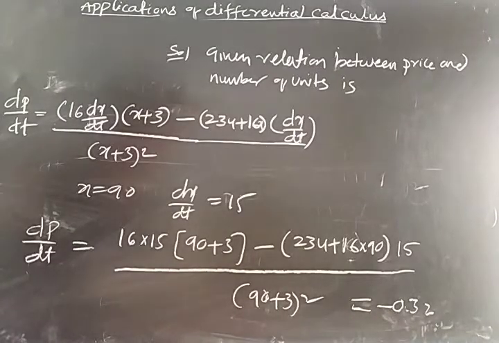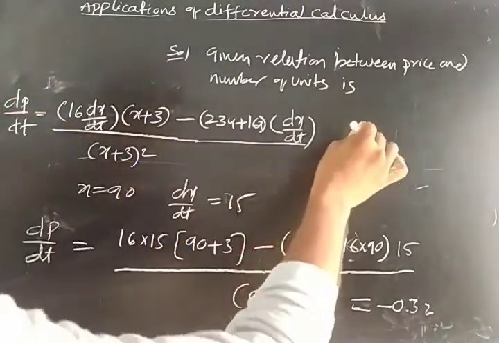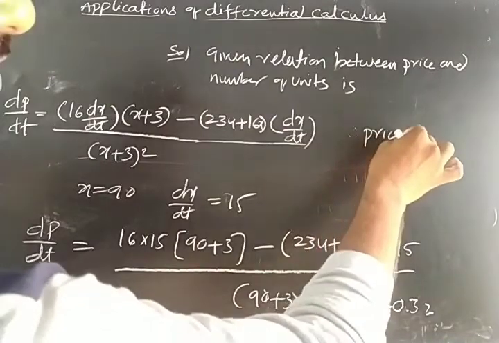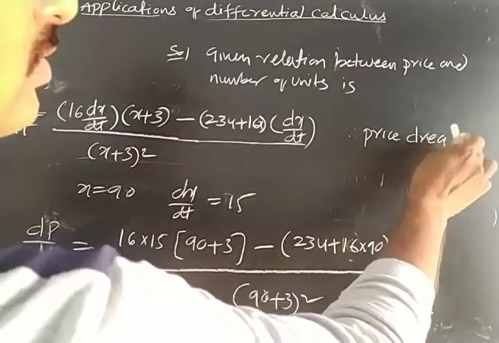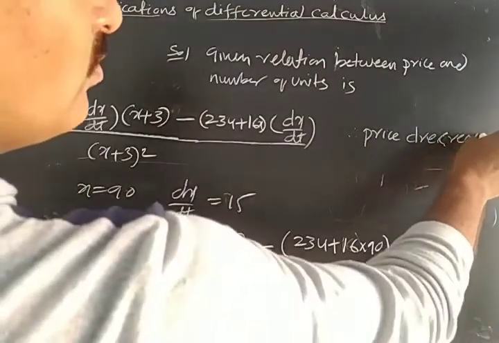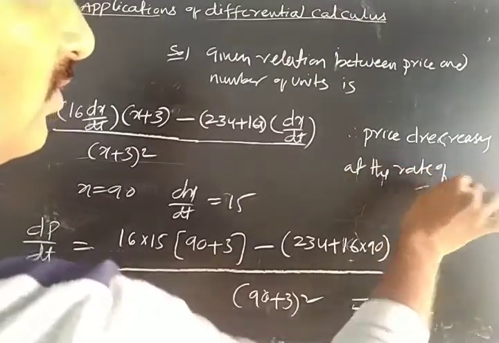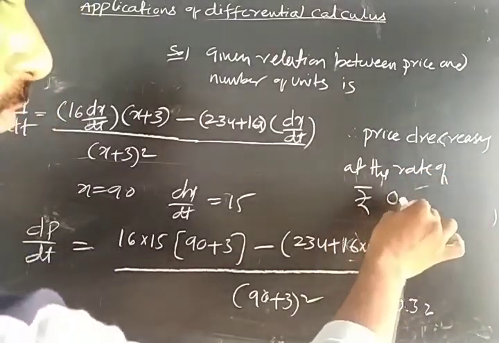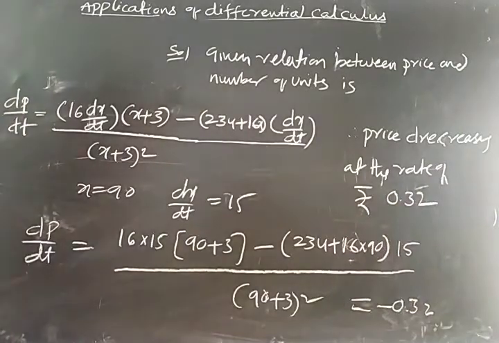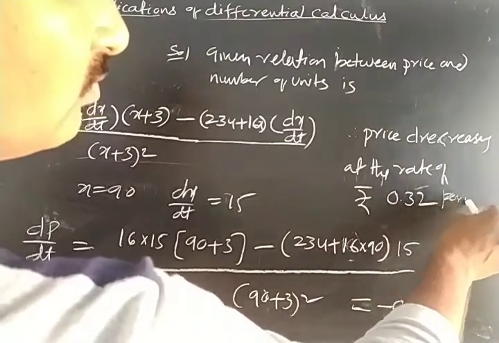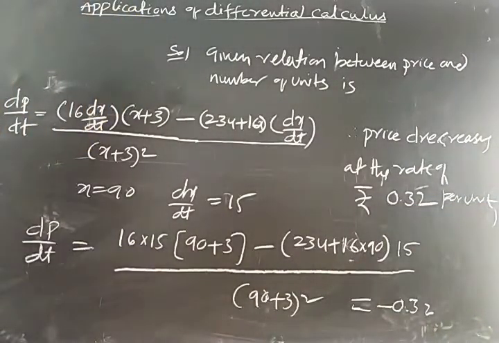So minus indicates that the price is decreasing at the rate of rupees 0.32 per unit. Minus indicating that it is decreasing.